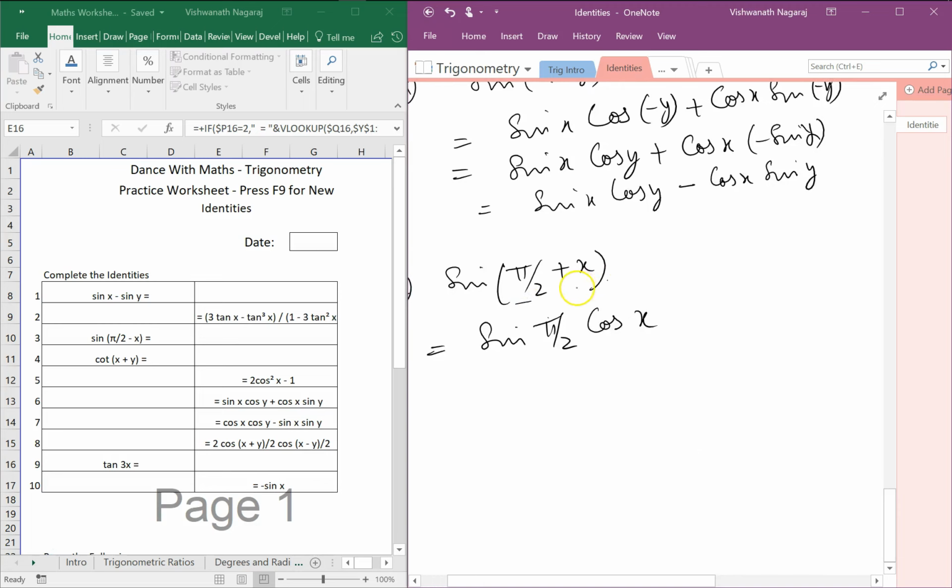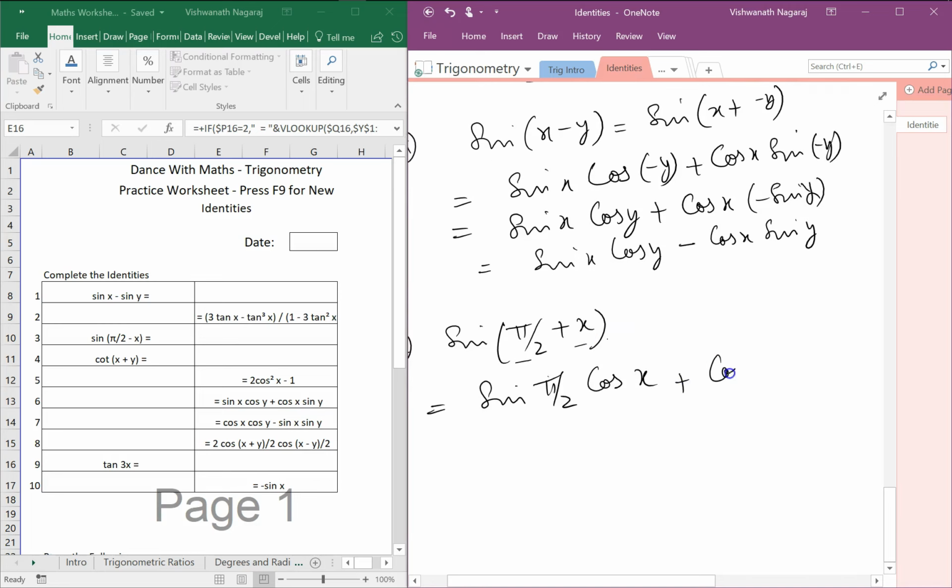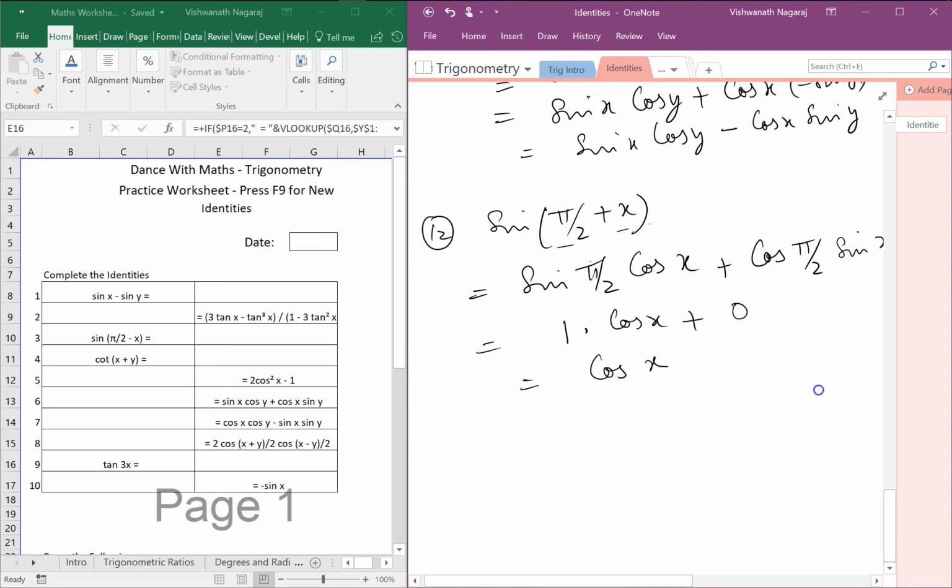Here this is x, this is y, from an identity point of view. Okay, and then plus cos pi by 2 sin x. Now sin pi by 2 is what? Sin 90. Sin 90 is 1 cos x plus cos pi by 2 is 0, which means sin pi by 2 plus x is cos x.